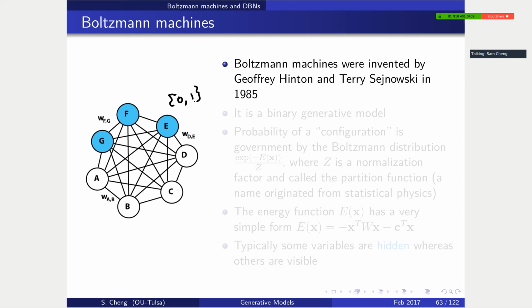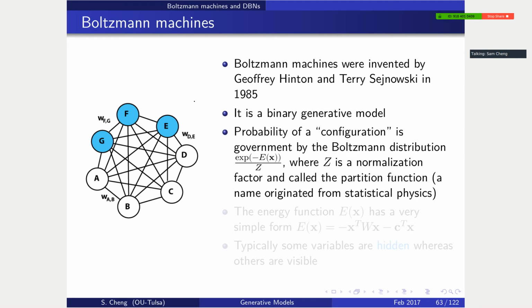And like other physics models you might study in statistical mechanics, the configuration, for example 0 0 0 1 0 1 0, or maybe I change one to 0, depends on the probability of its occurrence, which depends on the energy.